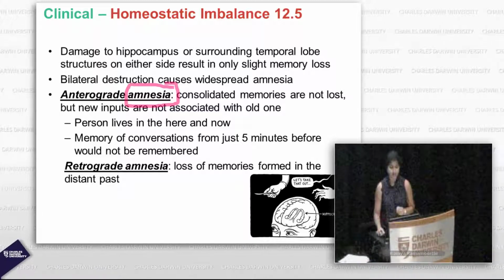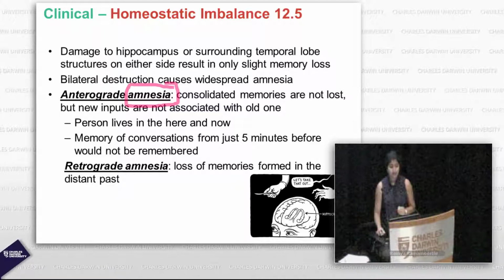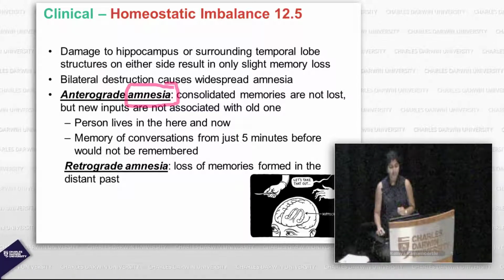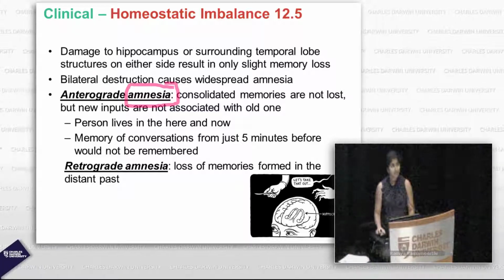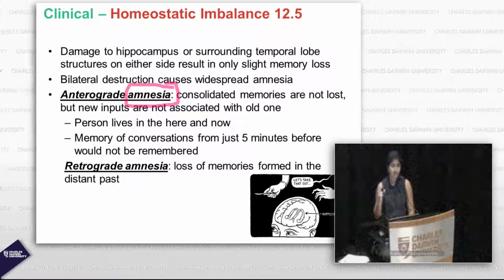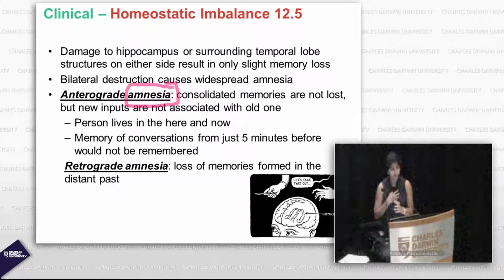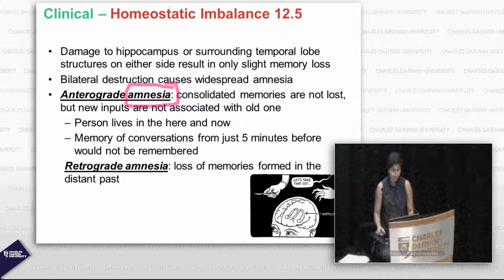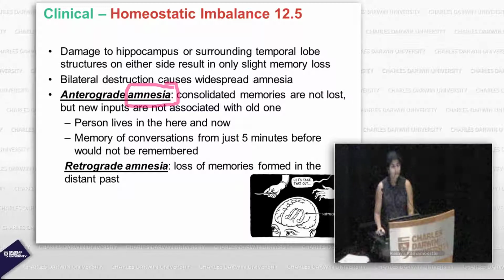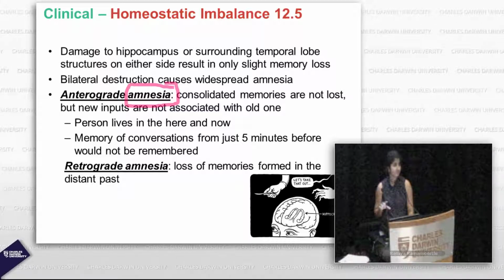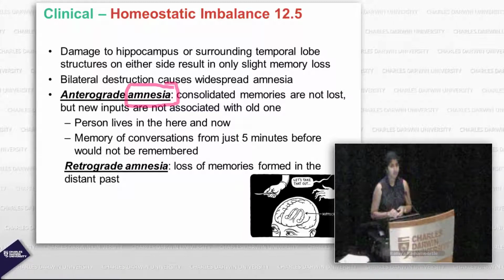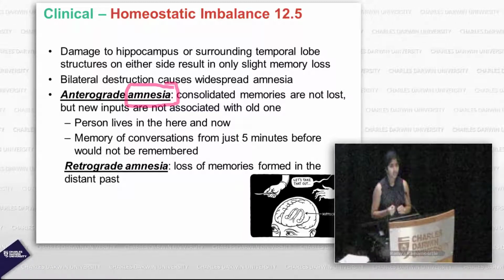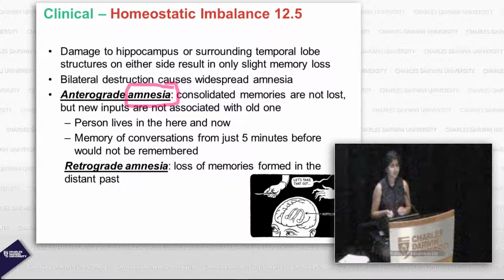There are two types of memory loss. One is anterograde memory loss. In this one, they still have very much intact long-term memories, but the recent past is lost. For example, say a 30-year-old man who recently got married goes into anterograde amnesia.